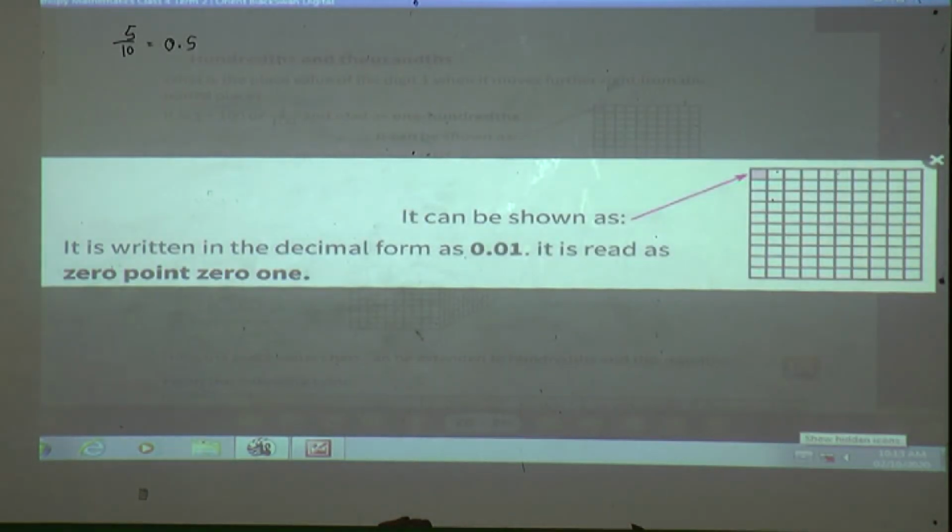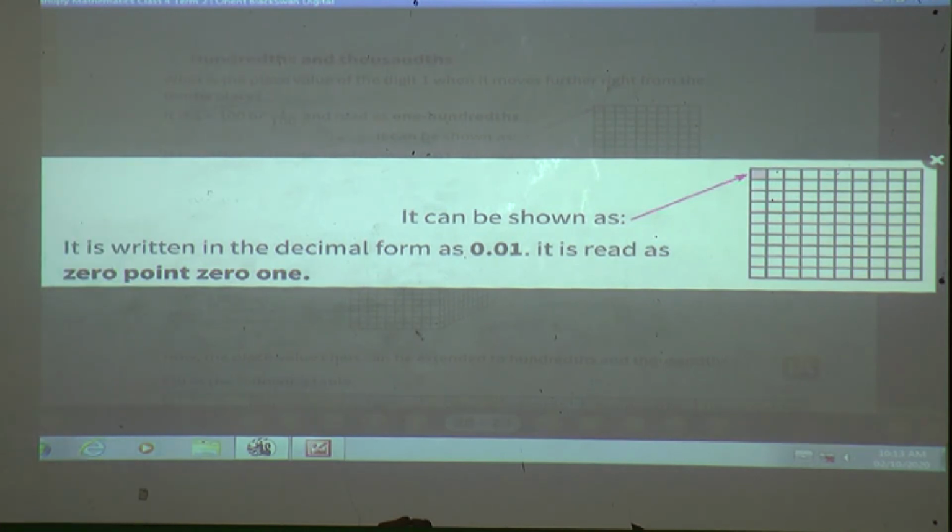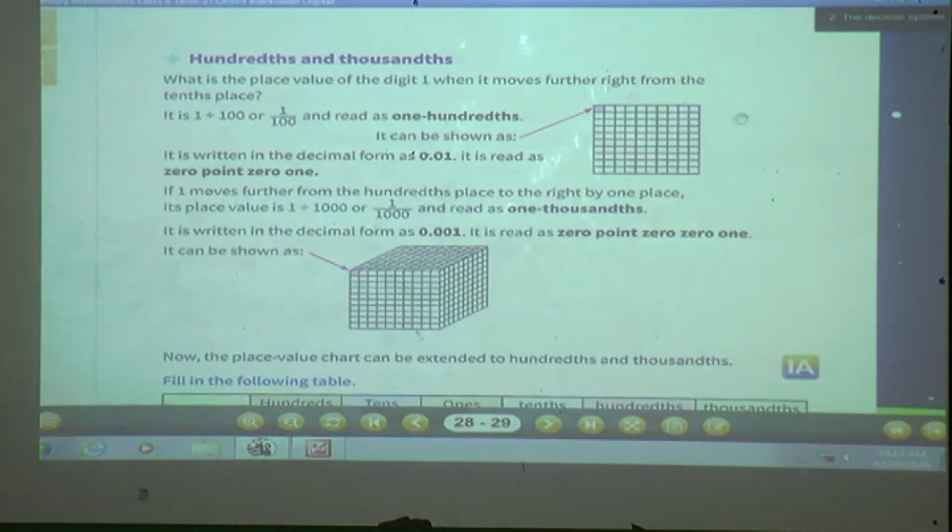Now we have studied about tenths. Today we are going to see again about hundredths and thousandths, which are the place values after tenths. After ones, the next place value is tenths, as we have seen.